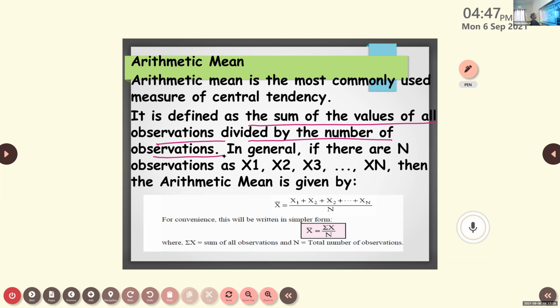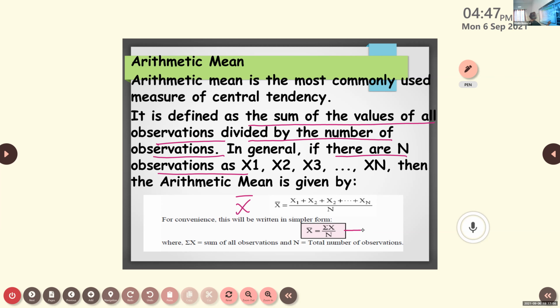Okay. So in general, just imagine that if there are n observations as x1, x2, x3, till xn, then how can we get the mean? Mean, x bar, is equal to x1 plus x2 plus x3 plus up to xn divided by n, you will be getting the arithmetic mean.